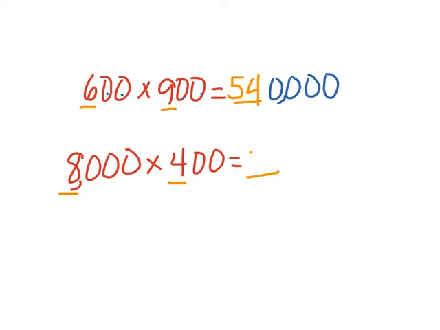So 8 times 4, I know is 32. And now I'm going to count my zeros. I've got 1, 2, 3, 4, 5. So I'm going to add 1, 2, 3, 4, 5. And I have to make sure I put those commas in the right place. So 1, 2, 3, hey, 1,000, what's up? And 1, 2, 3, oh, hey, million, what's up? So my answer is 3,200,000.